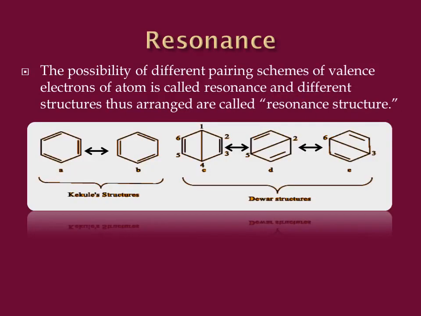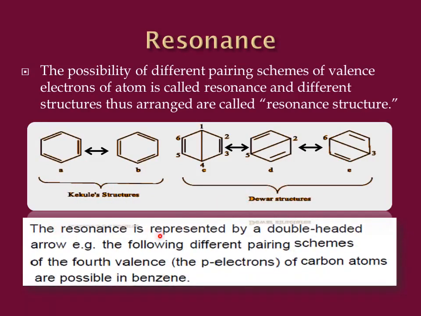The resonance is represented by a double-headed arrow. The following pairing schemes of the 4th valence or p electron of carbon atoms are possible in benzene. So students, these are the 5 contributing structures towards the true structure of benzene. The first 2 were given by Kekulé, and the structures C, D and E were described by Dewar.